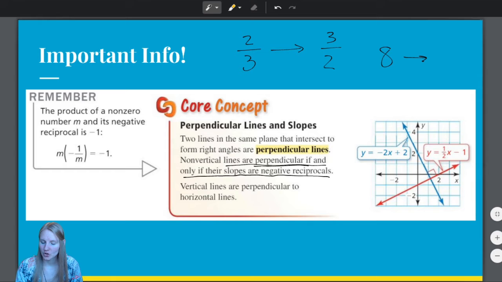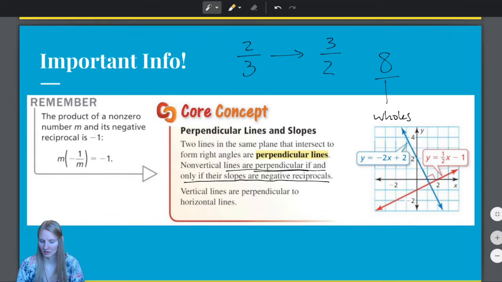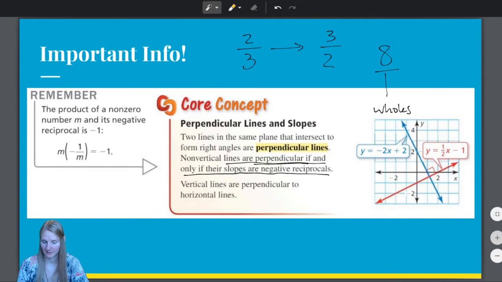No. So you can think of 8 as 8/1, right? 8 wholes is a way that you can think about it. 8 whole units. Okay, so we can think of 8 as 8 over 1, because 8 divided by 1 is 8. Which means that if I flip that, I get 1/8.